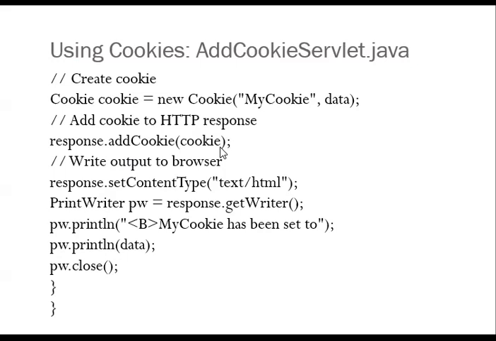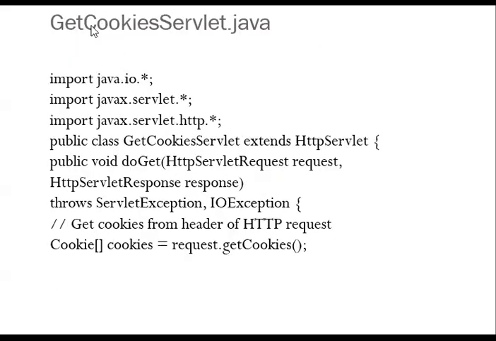Now, this is for creating a cookie. Similarly, we can get or read cookies. For that, in the doGet method, we are extracting all the cookies that are present in the request object: Cookie array cookies equals request.getCookies. The request.getCookies will extract all the cookies that are present in the request object.